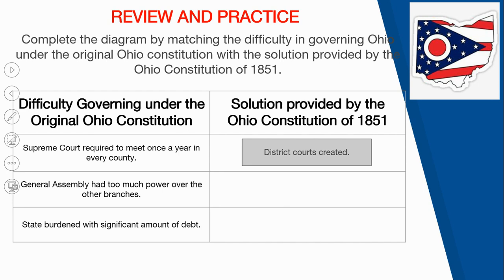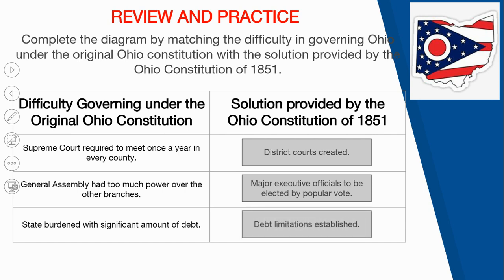General Assembly had too much power over the other branches, so what do? You got it. Major executive officials to be elected by the popular vote. So we started to have more say in who gets to be those offices. And then state burdened with a significant amount of debt, we put in nice little limits on their spending.